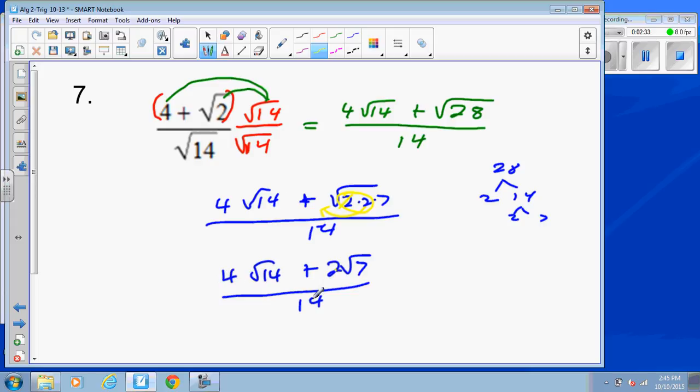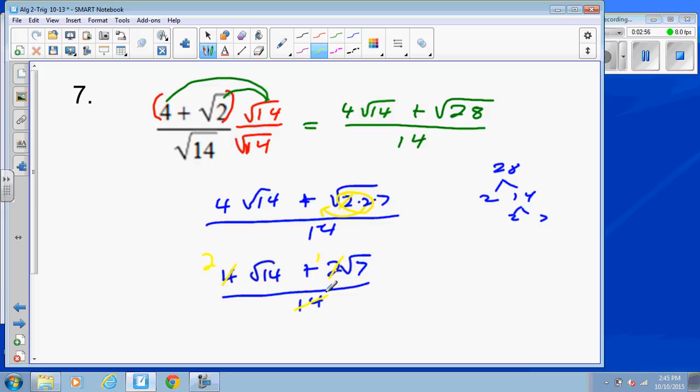What I'm going to do is figure out a number that divides into all 3 of these numbers. And they're all even numbers, so I know I can divide all of them by 2. So what I'm going to do is divide each term by 2. Basically, it's multiplying by a half over half mathematically. So divide this by 2, that becomes a 2. Divide this by 2, that becomes a 1.